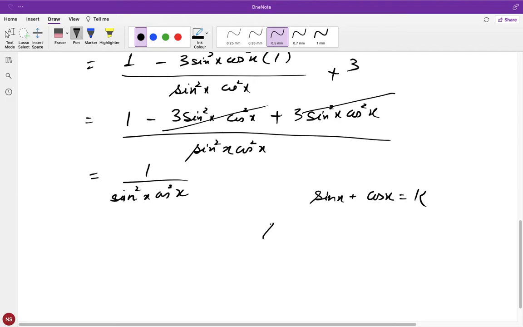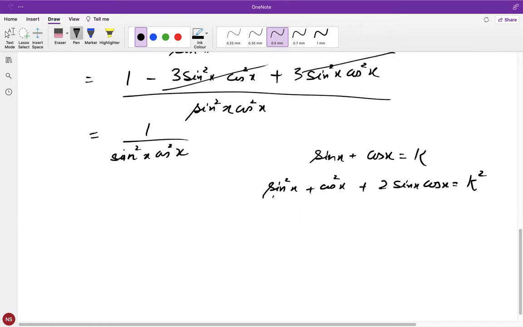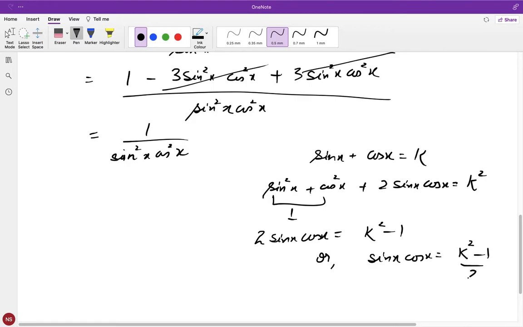Just square it. If I square it, I will get a square plus b square plus 2ab. This is k square. What is this? This is 1. So 2 sine x cos x is equal to k square minus 1, or sin x cos x is equal to k square minus 1 by 2.